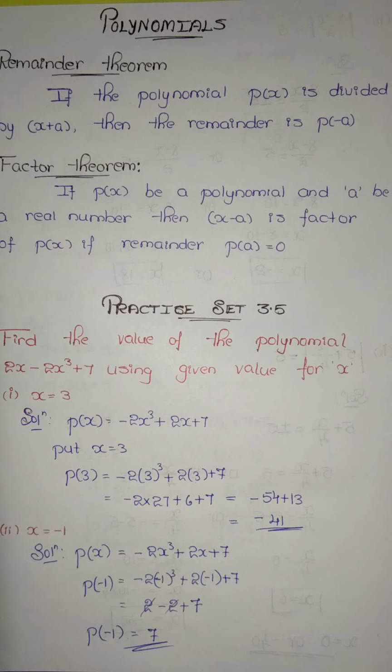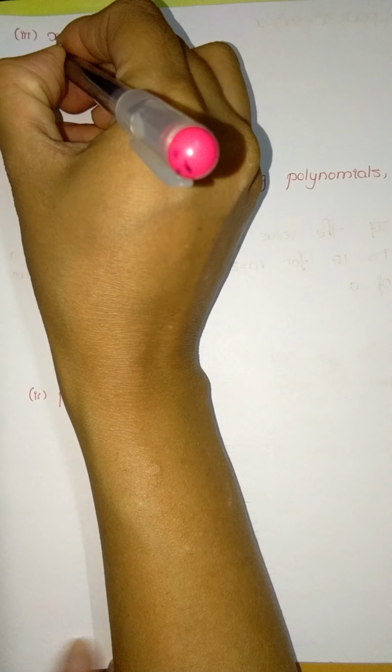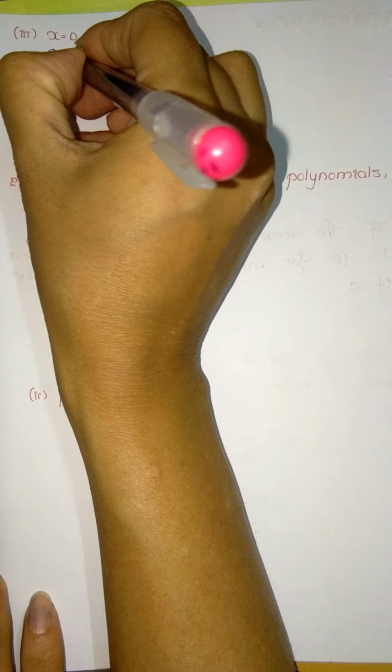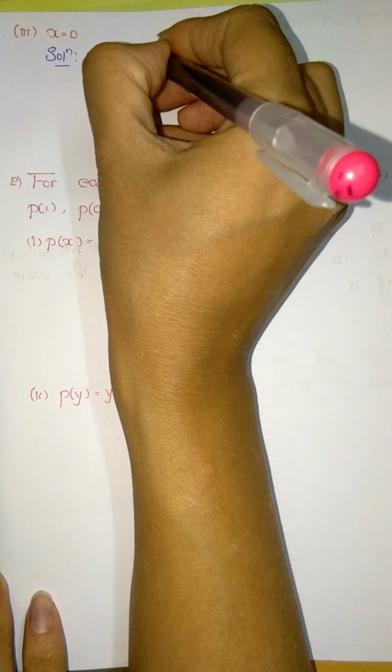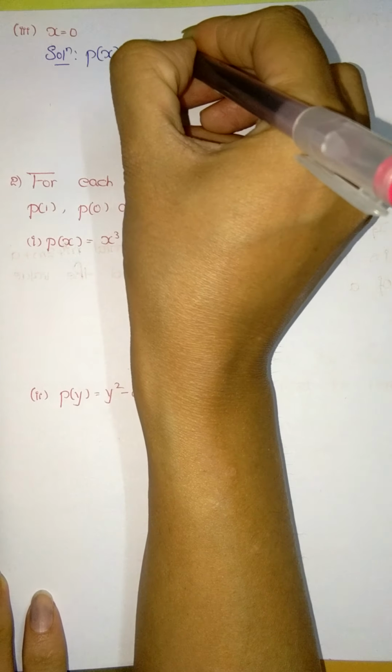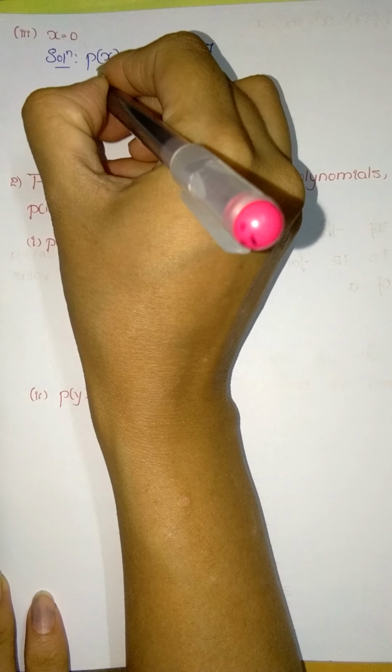Next, third question, P of 0. So here solution, P of x equal to minus 2x cube plus 2x plus 7. So put x equal to 0.